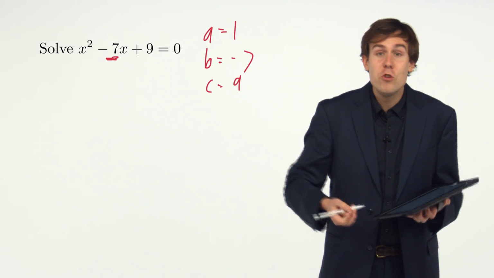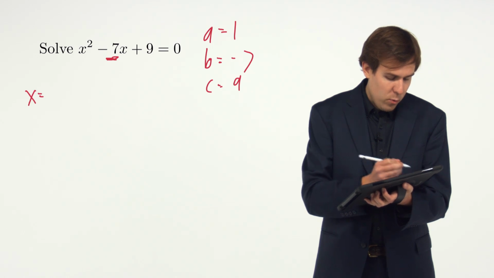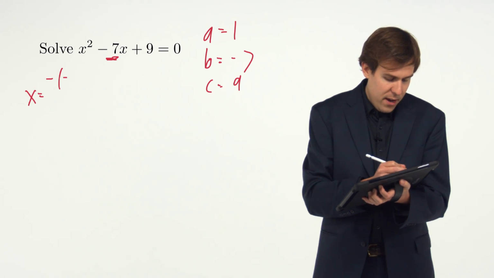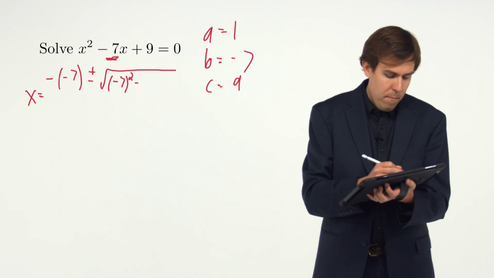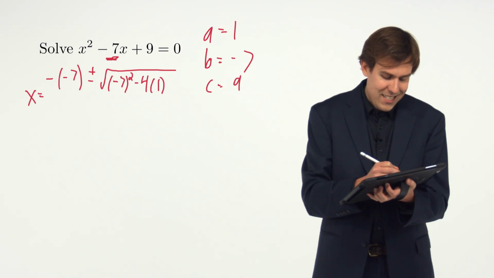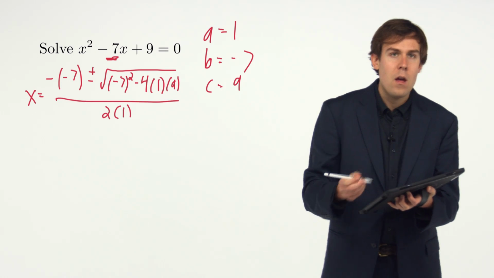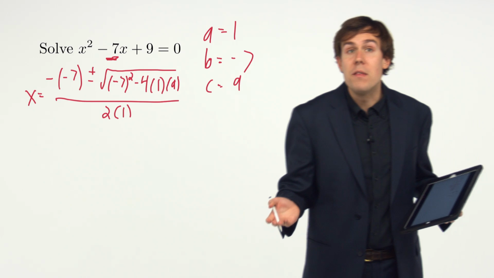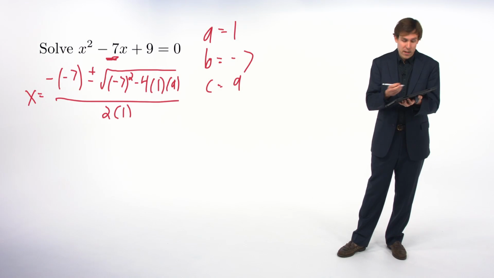And now all we have to do is plug into the formula. So I know that x equals negative b, so negative negative 7, plus or minus square root of minus 7 squared, minus 4 times a is 1, c is 9. Right, and now all I'll do is I'll simplify this out, and we'll get hopefully a nice solution, maybe not so nice.